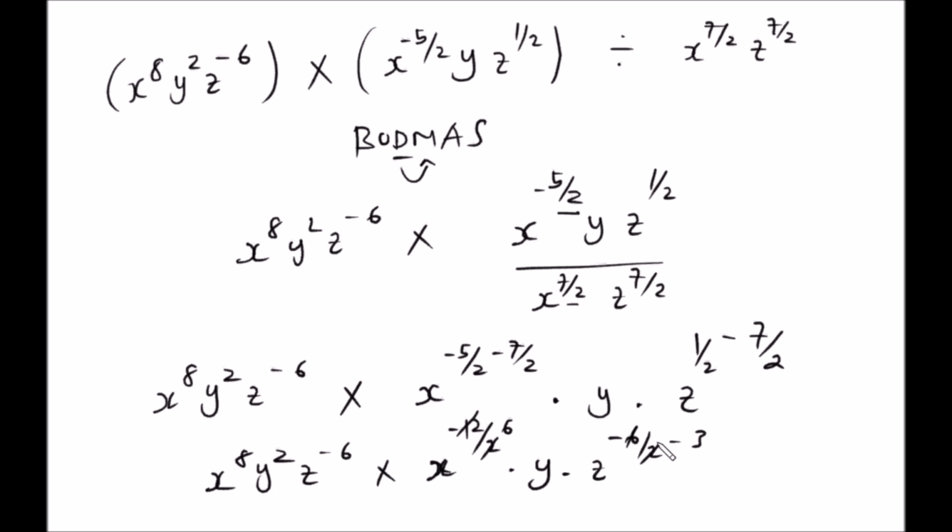Kwa hiyo tunakuja kuwa na nini sasa? Tunakuja kuwa na x power 8 y squared z power negative 6 times x power negative 6 y z power negative 3.